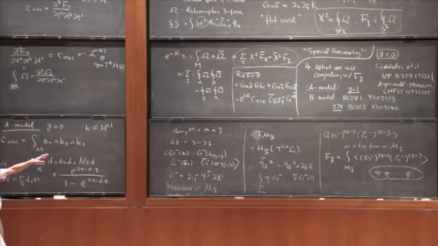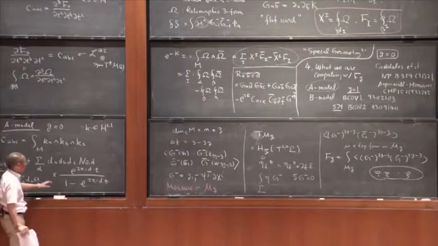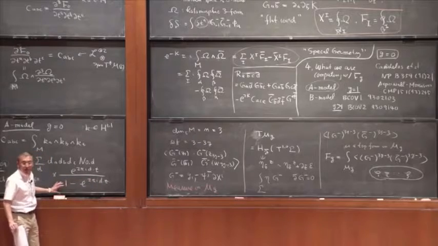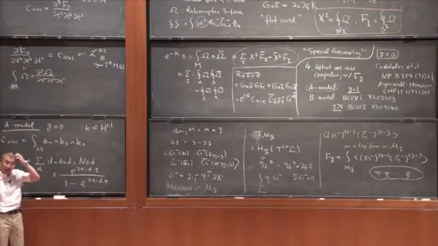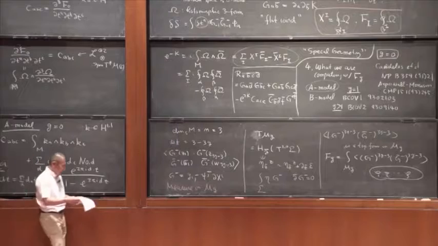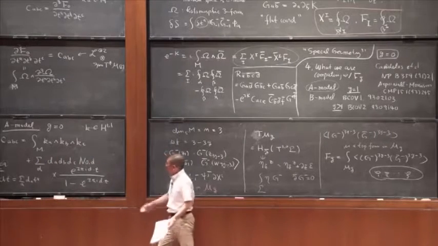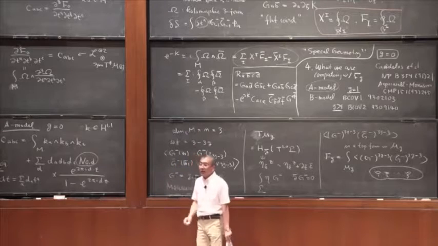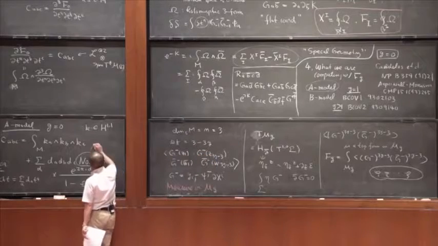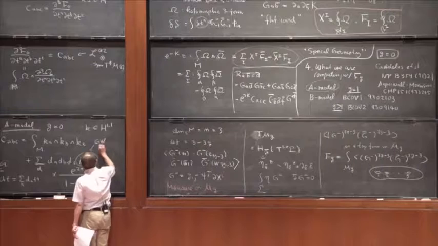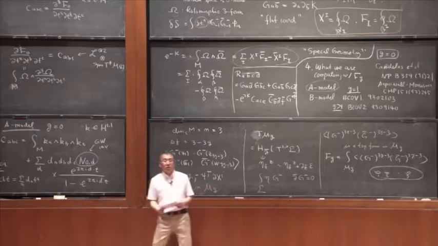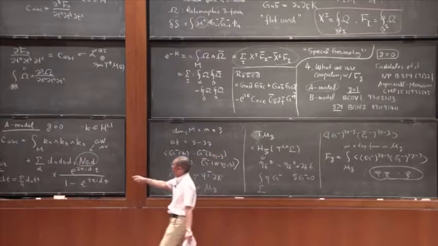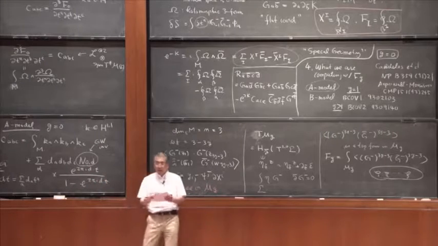What I said was conjectured by Candelas et al. They guessed this type of structure for multi-covering, which was later proven by Aspinwall and Morrison. And this quantity is related to the so-called Gromov-Witten invariant for the genus 0 surface of degree D.